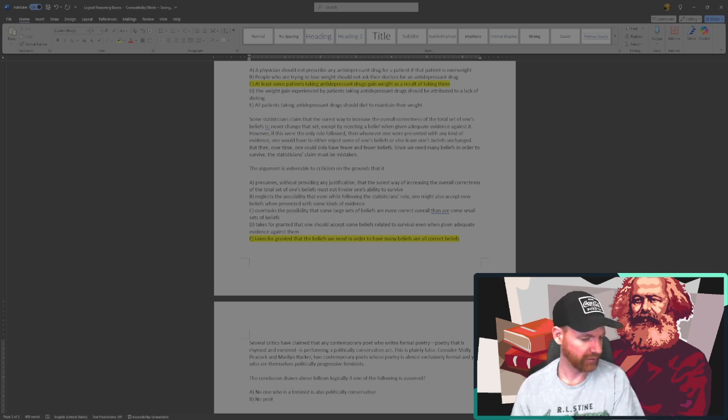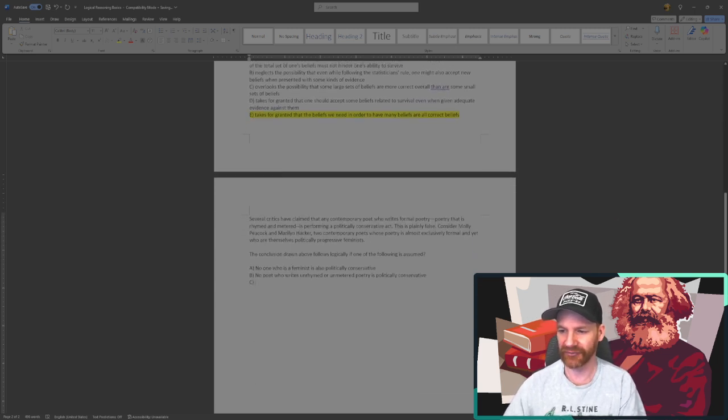No poet who writes unrhymed or unmetered poetry is politically conservative. That might actually be one of the correct conclusions. We'll see if there's a more correct one.